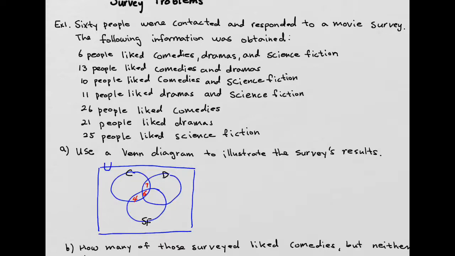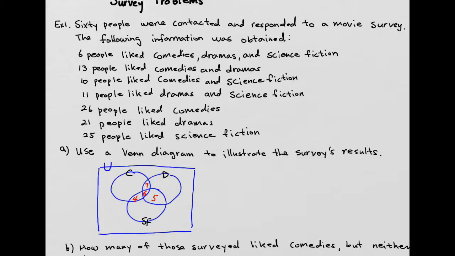For the same reason, you have drama and science fiction, 11, but subtract 6, so it will be 5 right here. 11 minus this 6 gives the overlap of drama and science fiction.